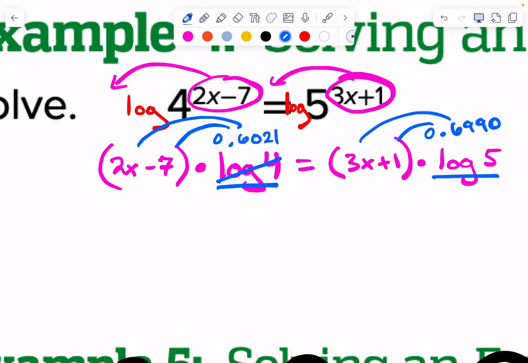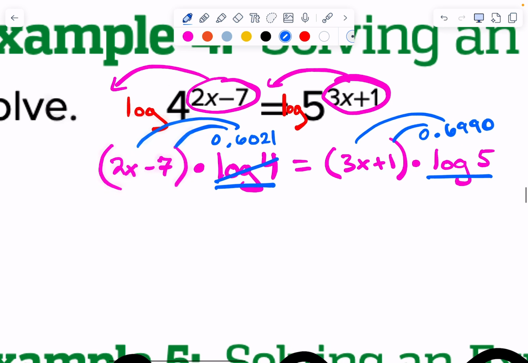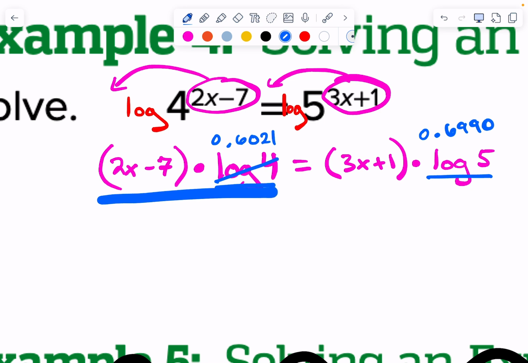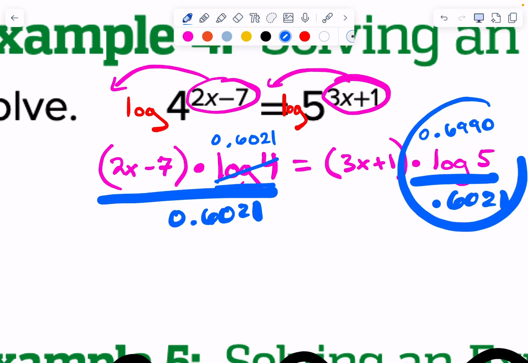Or I can divide by 0.6021 on both sides, get that decimal number and distribute that through, and I will only have decimals on the right side. Does that make sense?